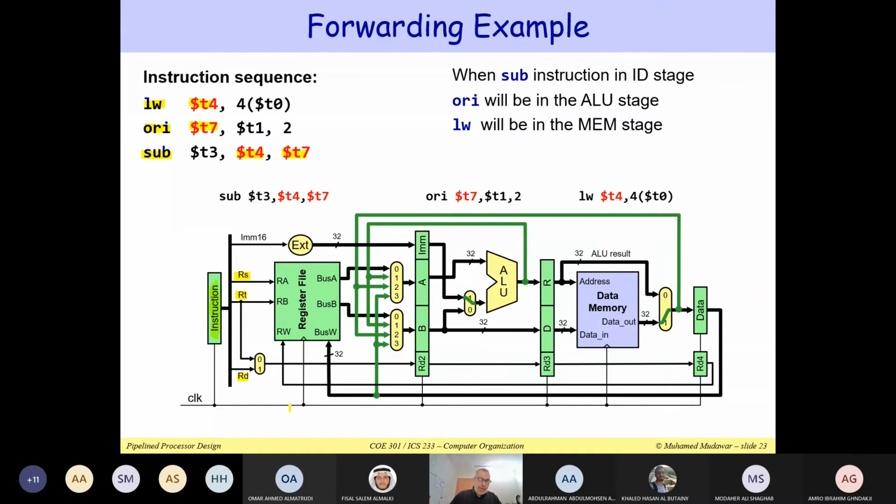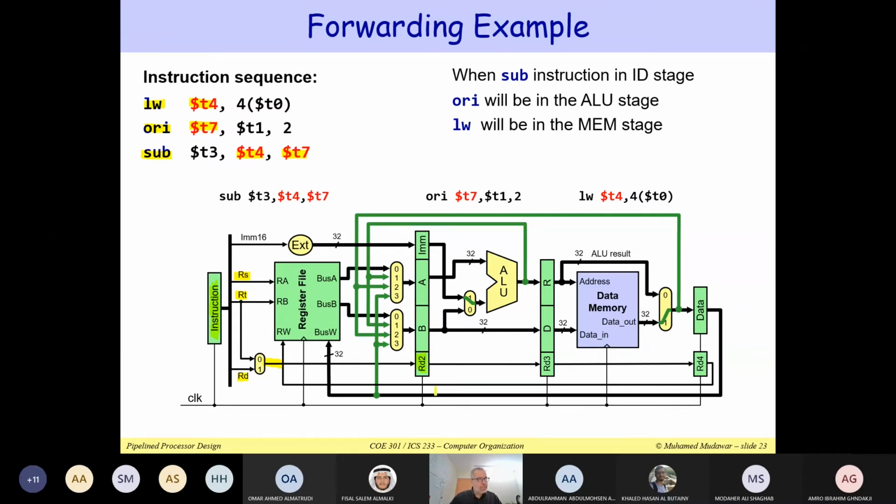So now RS in this example will be T4. RT will be T7. But what is really important is RD. Here the output of this multiplexer is going to determine what's the destination, either RT or RD. So this is RD2. So what is RD2 in this example?